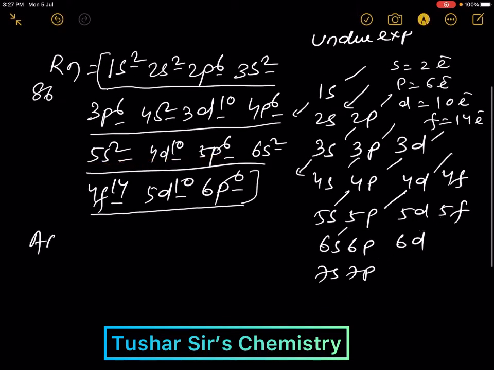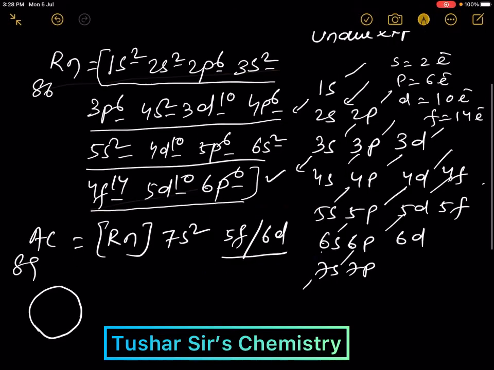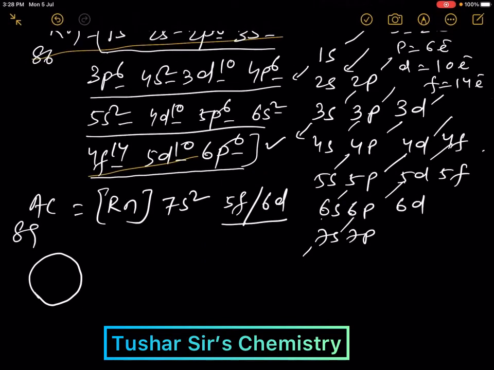In case of actinium, the atomic number is 89. So I can write the configuration of radon first, up to 6p6, then 7s2, that is 88, then the 89th electron will enter in 5f or 6d. That is a question. You know, in actinium there are 89 protons, so nuclear charge is very high.